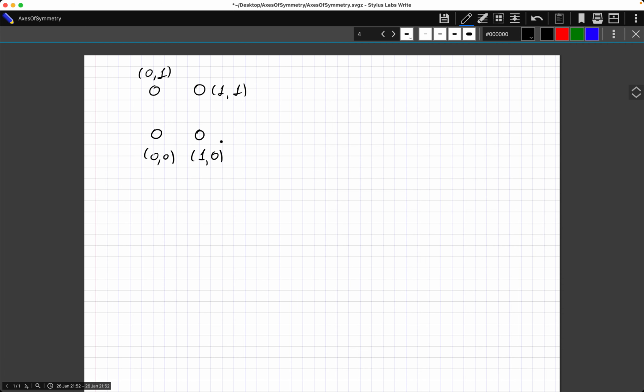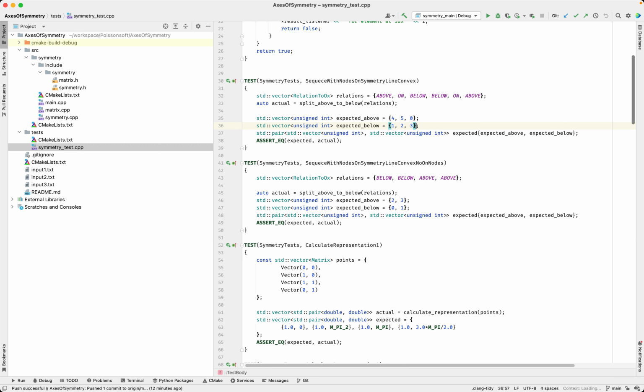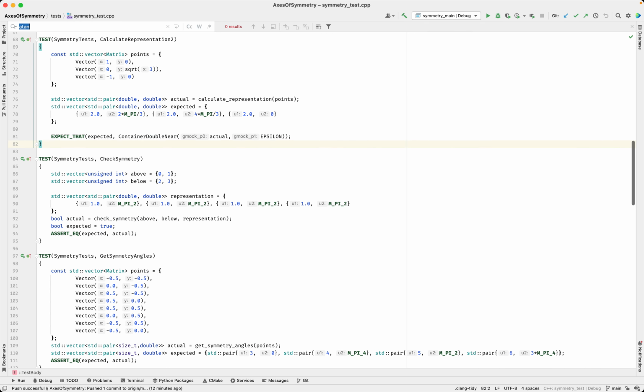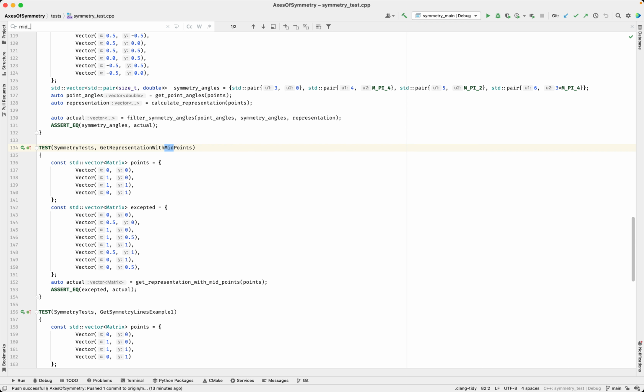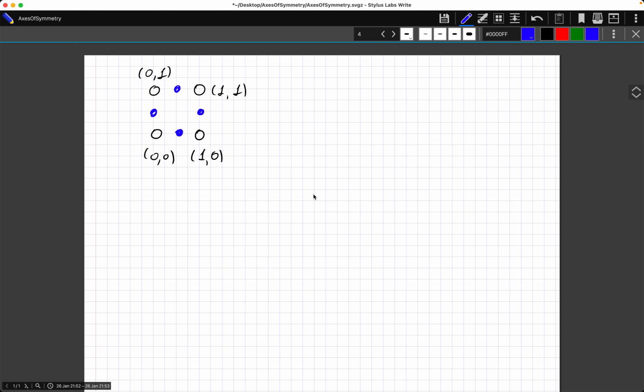So first we could calculate the midpoints, that is, add the midpoints for the polygon. That is described in the proper test, where we perform the midpoint calculation. So we add additional points which lie in the middle of the appropriate edges.